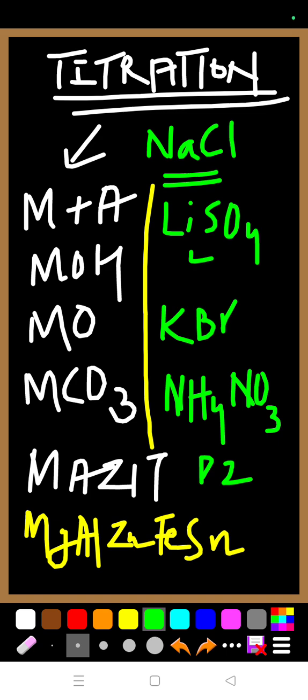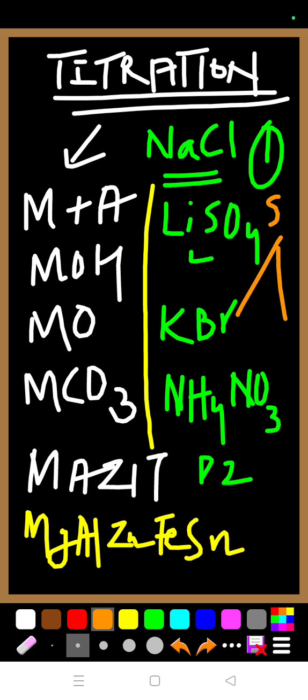So titration technique is used to prepare salts of these metals, because in this technique, first of all, a soluble salt is formed. The salt that is formed is soluble in water. Okay, and the reactants that are going to be used would also be water soluble.